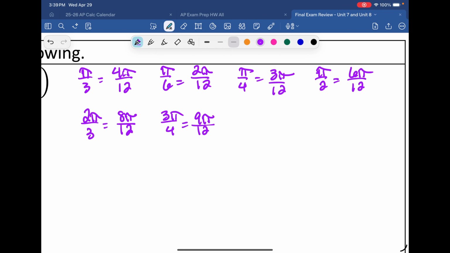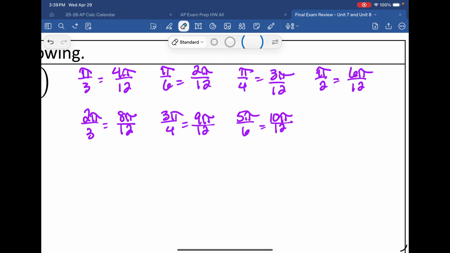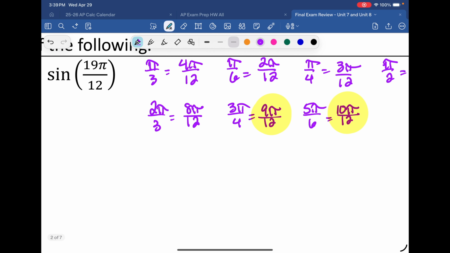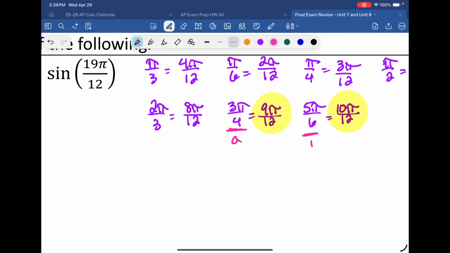Nothing yet. I'm going to try 5 pi over 6. There it is. When I add those two together, I get 19 pi over 12, which means my alpha is 3 pi over 4, and the beta is 5 pi over 6.